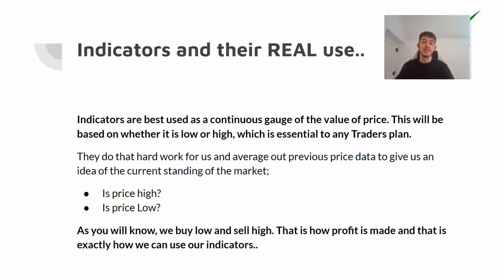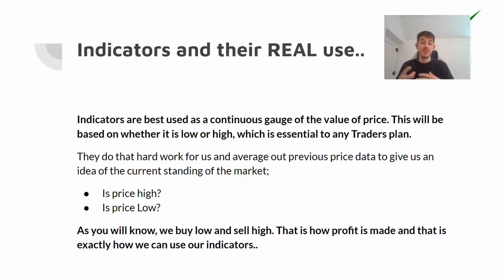So indicators and their real use. Indicators are best used as a gauge of the value of price over time, as I mentioned. We're really going to need to know what is a low price and what is a high price, and that needs to be the core of our plan because that will allow us to be successful in the markets. And instead of us having to average out price constantly, we can just get a computer to do it.